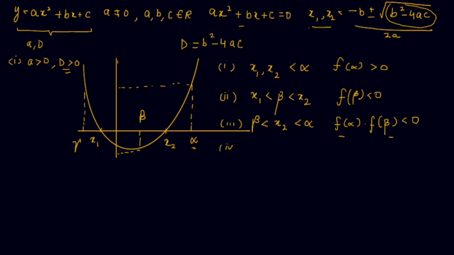And the fourth case is when there exist values alpha and gamma for which both the roots lie between these values. At these two values, the value of the function will be greater than 0. Also, there is a special point on this graph at minus b by 2a, and it always lies between x1 and x2 when d is greater than 0.